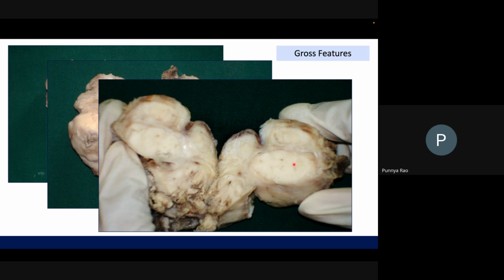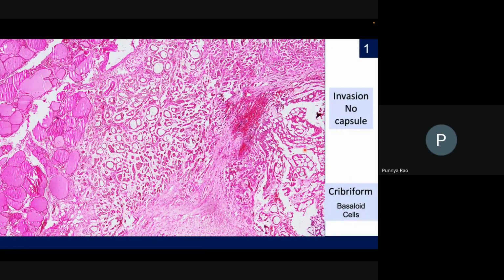So you do not have actual cystic degeneration happening in adenoid cystic carcinoma. So let's see the histopathology. You can see there is invasion, there is no capsule, and the pattern is cribriform, with nice punched-out holes between the sheets of cells, lined by basaloid, hyperchromatic-appearing cells.